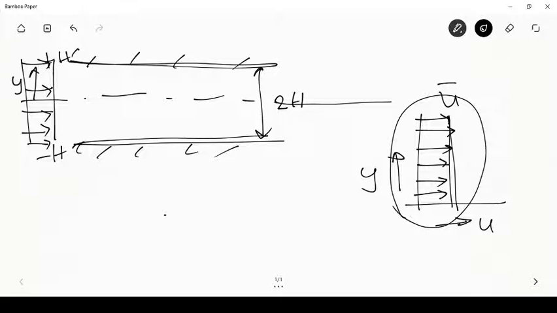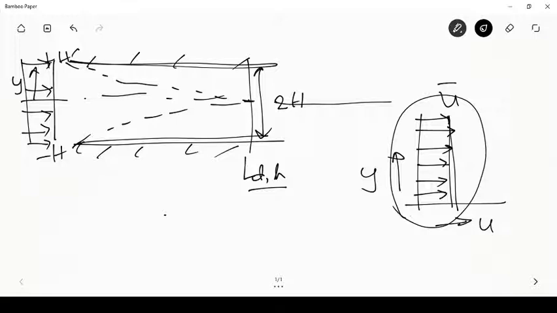So as you go into the channel, there will be a growth of some kind of a boundary layer from both walls, and as you go on, the boundary layer would keep growing until such time the two boundary layers would meet at a certain distance. Let's call this as L_D,h. I'll tell you why the D and h. Okay, so this is a certain length L_D,h at which the two boundary layers that are developing from both sides would go and meet. Okay.